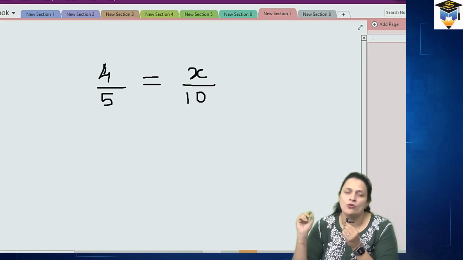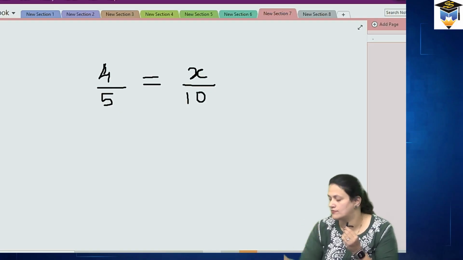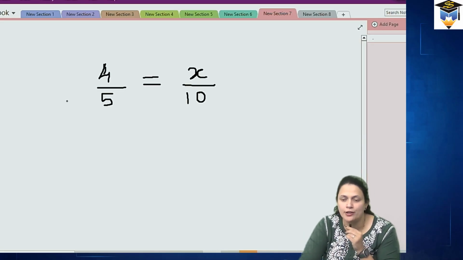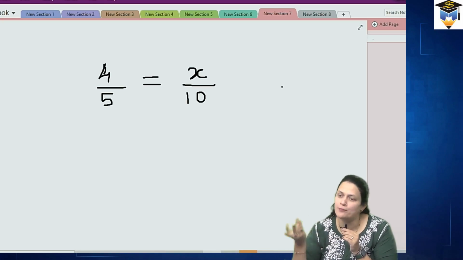So when do we say that two ratios are in proportion? Whenever both the ratios have equal values. When two ratios are equal, we say that those two ratios are in proportion.